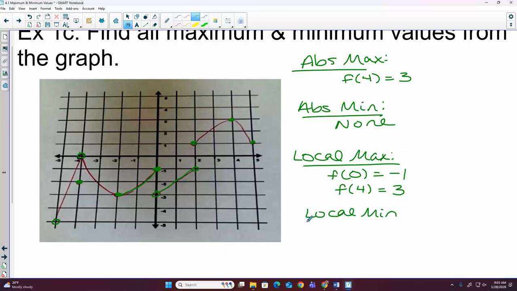My local mins, these are lower than the points on either side. Okay, can I count this one? No, for several reasons. It's an endpoint, it's also an open circle. Can you tell me any local mins on here?